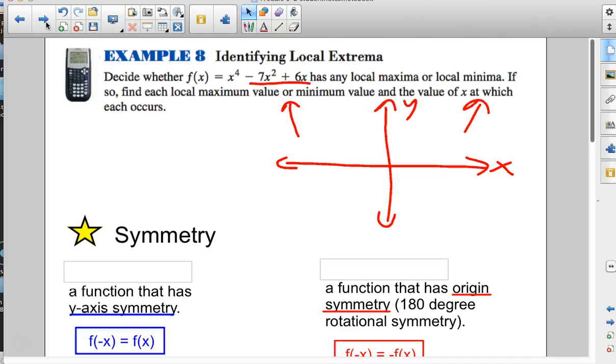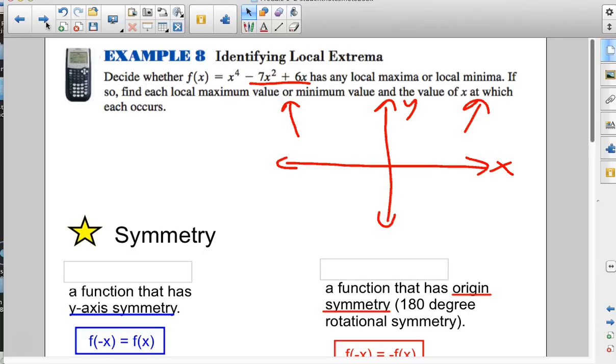So yeah, we're going to grab a graphing calculator for this one and just get it up there. X to the fourth, minus 7x squared plus 6x. Go back to my Zoom 6. Looks like so.